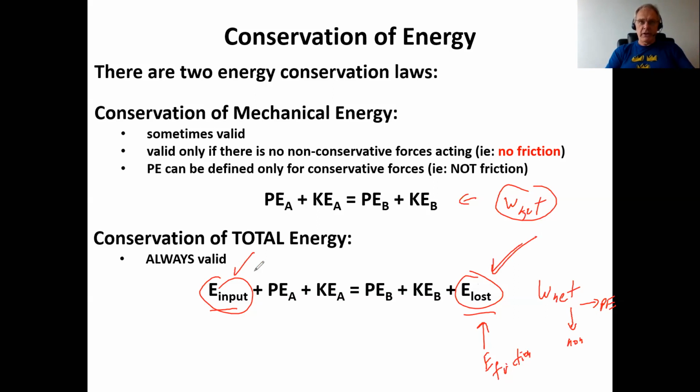The kernel is the same for the two. But because of the non-conservative forces that are possibly acting, this would be energy that's put in from, like, an explosion or a motor pushing something along, you pushing something along, and this generally is energy lost due to friction.